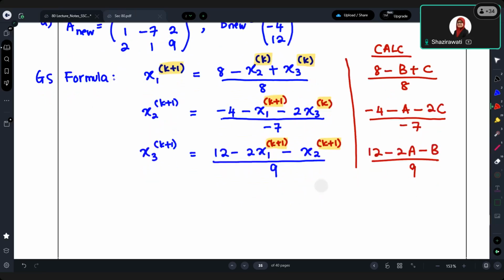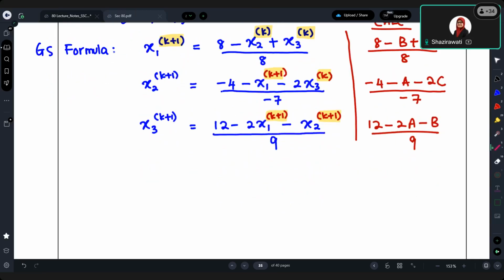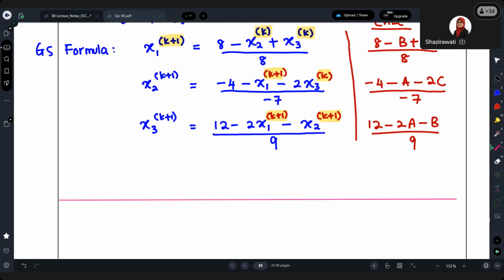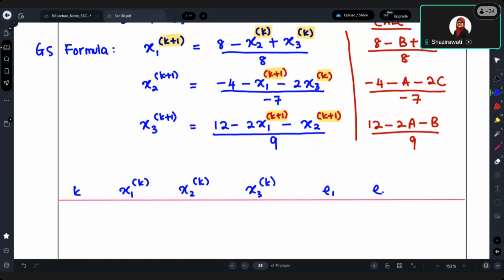Okay, form the table dulu. K, X1, K, X2, K, X3, K. Ini E1, E2, E3. Alright.